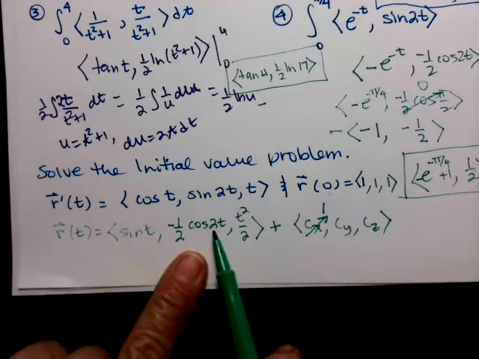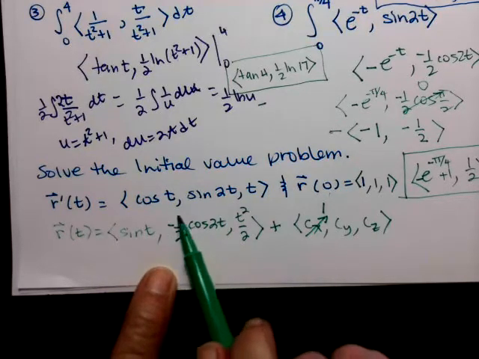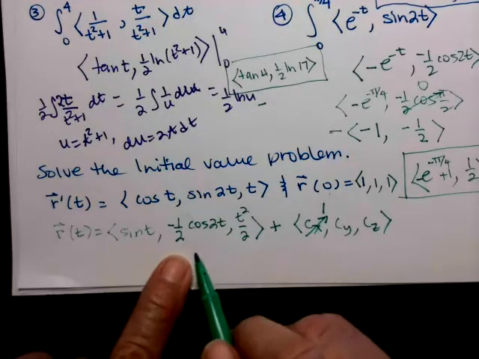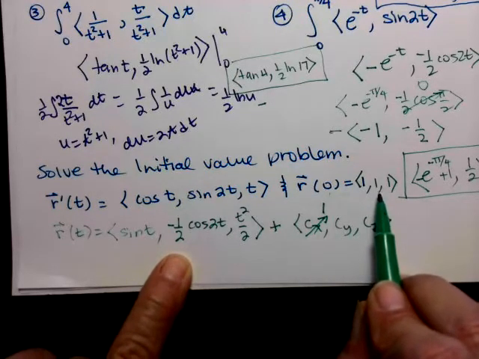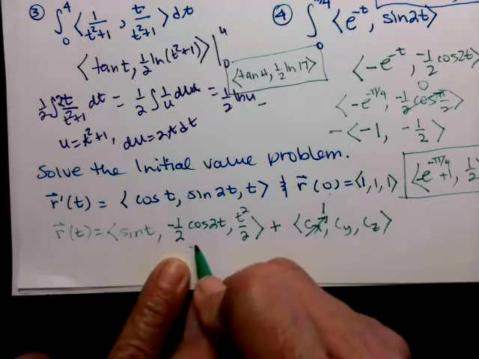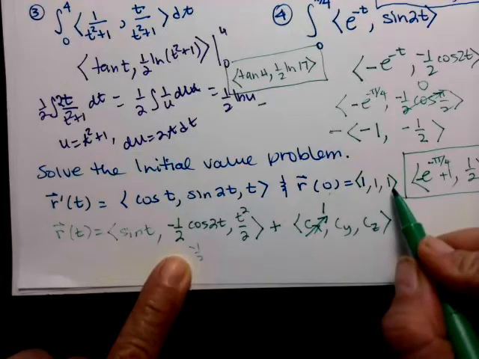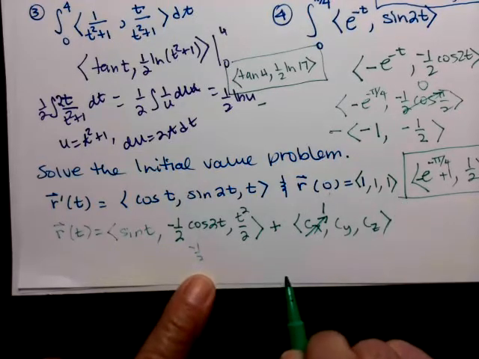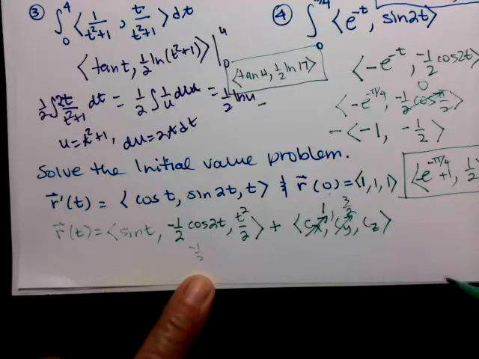So cosine of 2 times 0, cosine of 0 is 1. So right now, it is negative 1/2. I need to add some y component to negative 1/2 to get a final answer of 1. So I have to get 1/2 and then 1 more. So this one here will be 3/2.